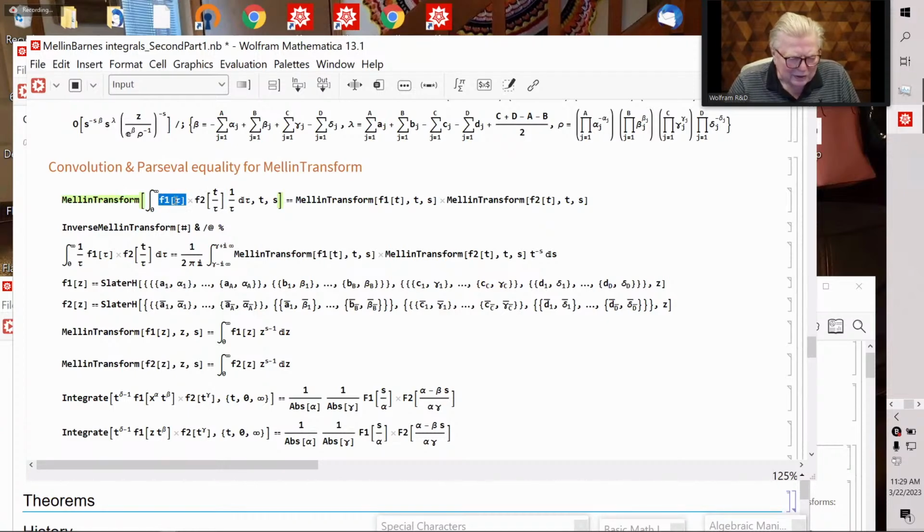But this F1 is a result of the Mellin transform of each of these. F1 and F2 include, for example, here 5 gamma functions, here 3 gamma functions.